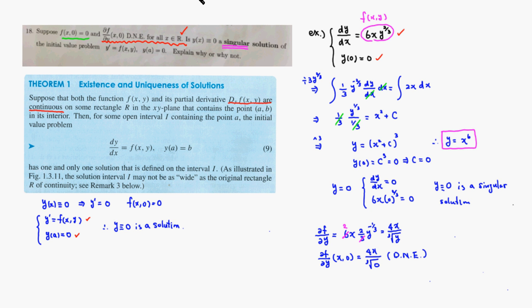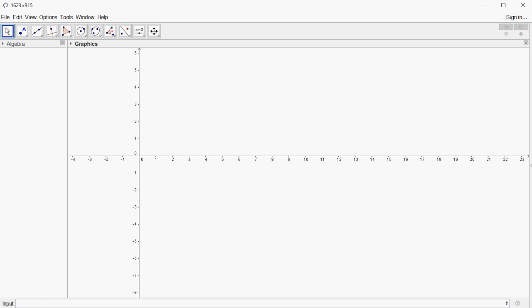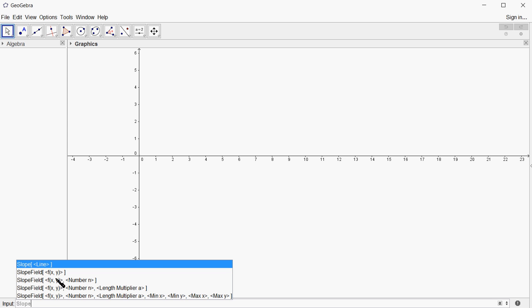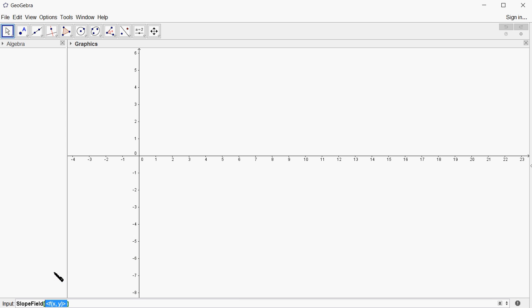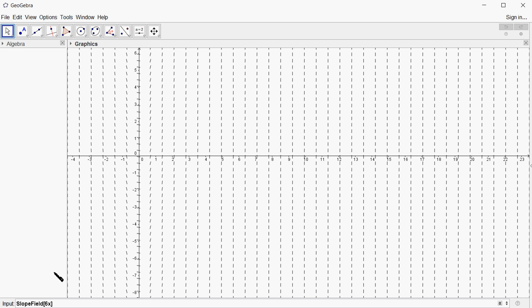All right, so let's try to visualize what's going on here. Let's look at the slope field of this differential equation. So I pull out GeoGebra, and I'm going to just type in slope field. The equation was dy over dx is equal to 6x times y to the 2/3 power.